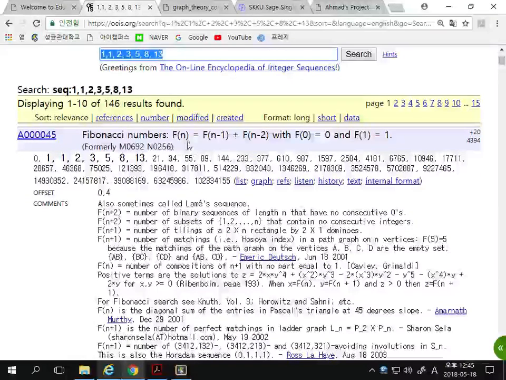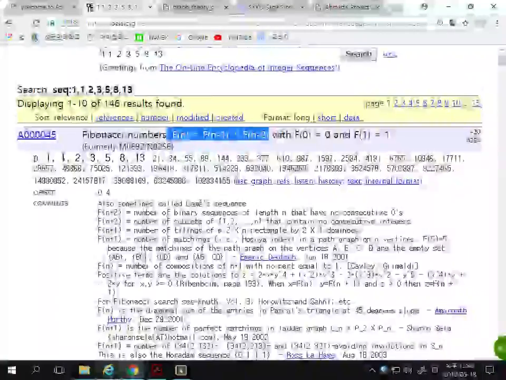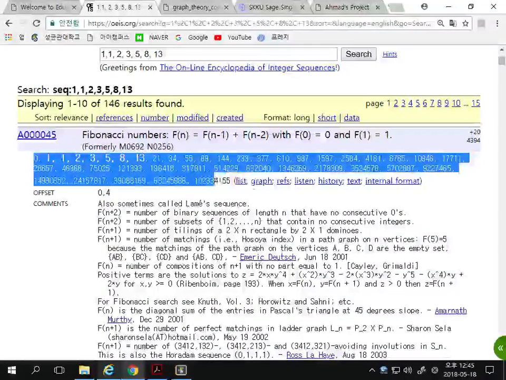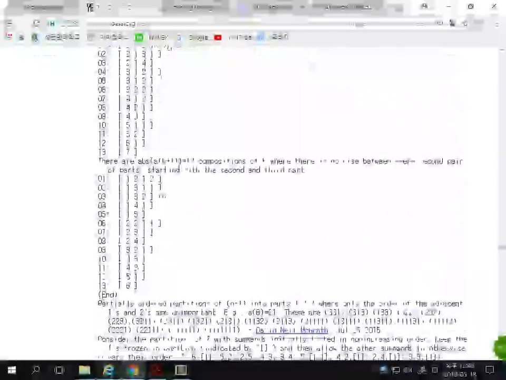This can be the first part of the Fibonacci numbers, which have this recurrence relation, and that research has been done here. These are the lists of Fibonacci numbers, the first 10, 20, and that research has been done in many articles, and there are formulas and code for that, and there is a lot of information.